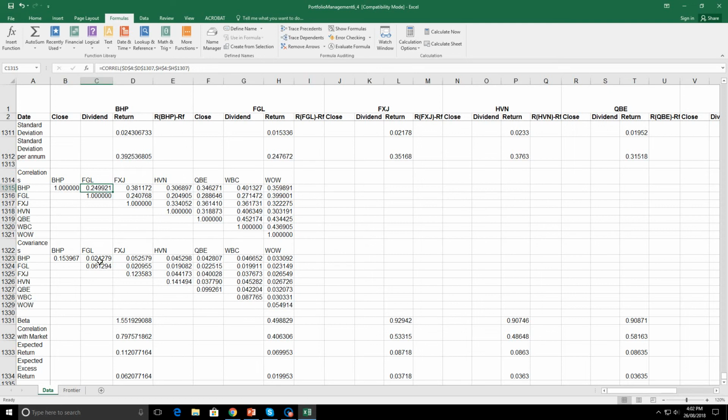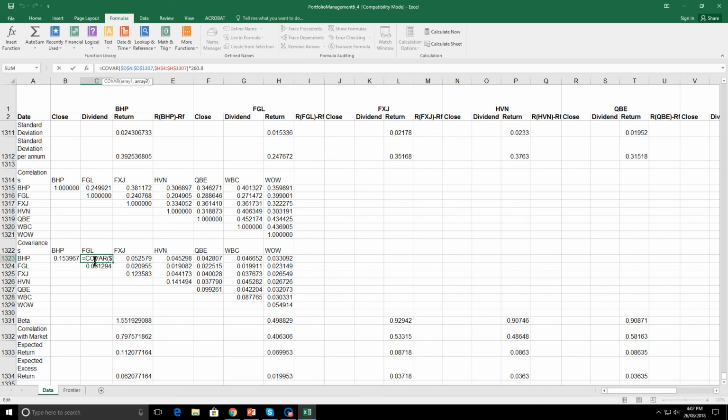To calculate covariance, we simply use the COVAR function. The COVAR function takes the return from the individual stock that we have calculated and the return from the other stock between which we are looking for the covariance.